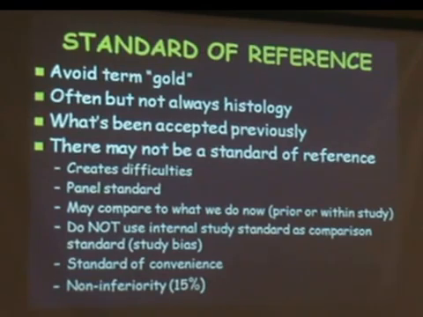Now, sometimes you use what's called a truth panel. And a truth panel is to avoid verification bias. So I was doing a study on the margins of tumors, and I'm comparing two sequences for the margins of tumors. And someone suggested using histology as a gold standard, and I said, no, I can't.